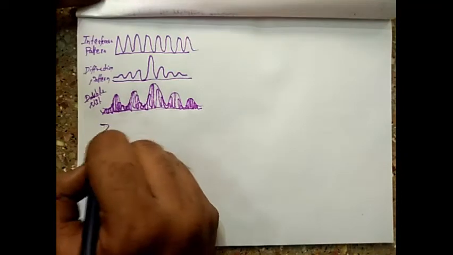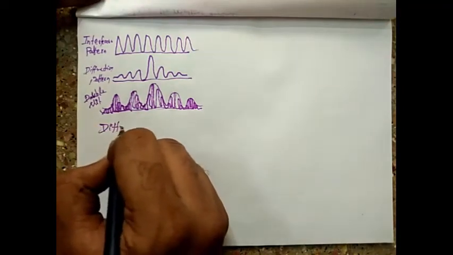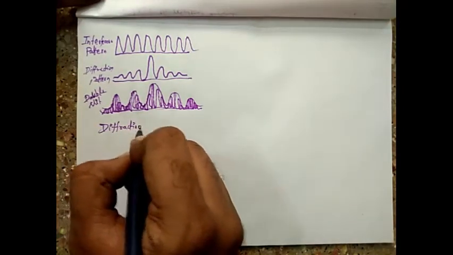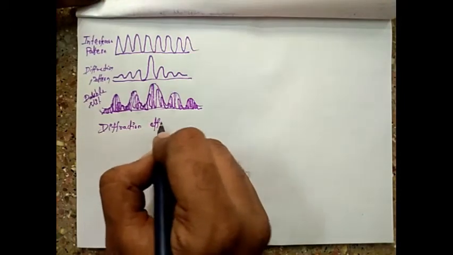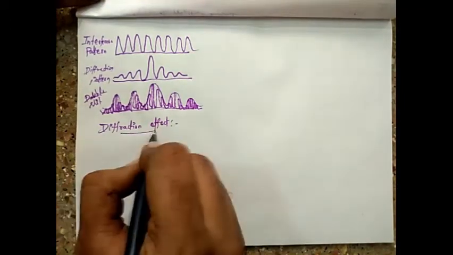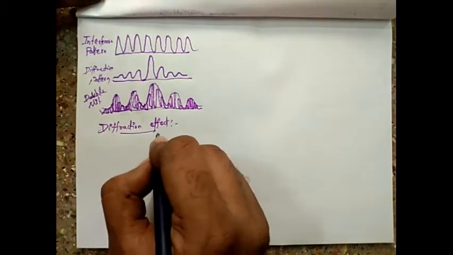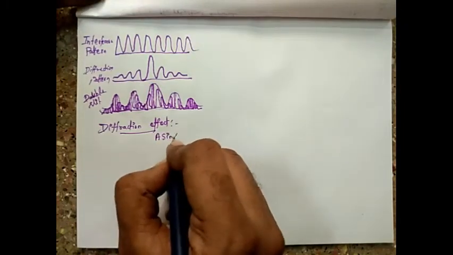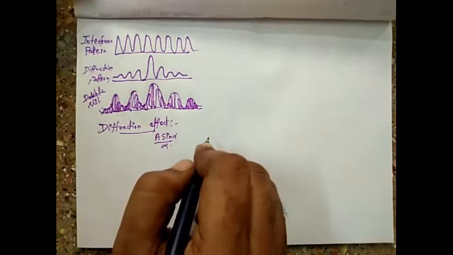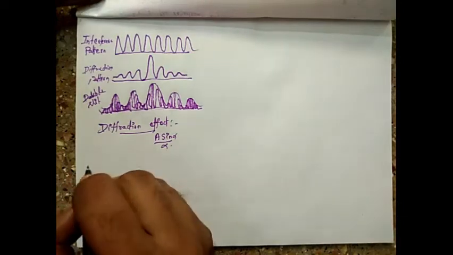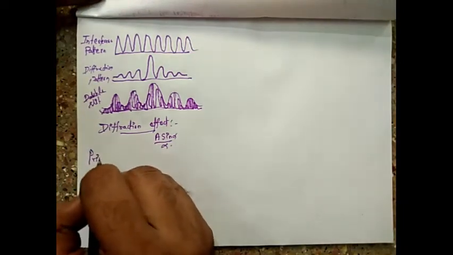So first of all, the diffraction effect. To find the diffraction effect, we have to take only A sin alpha by alpha. So here first of all the principal maxima.